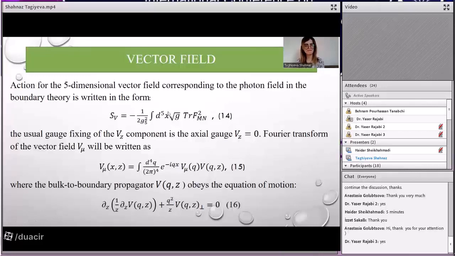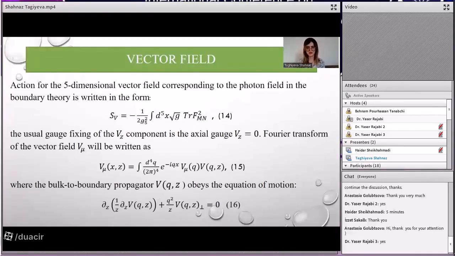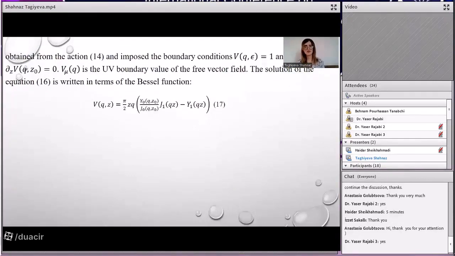The usual gauge fixing of the fifth component is the axial gauge, where we set it to 0, and the Fourier transform of the vector field will be written as expression 15, where the bulk to boundary propagator obeys the equation of motion obtained from action 14, and we impose the boundary conditions.